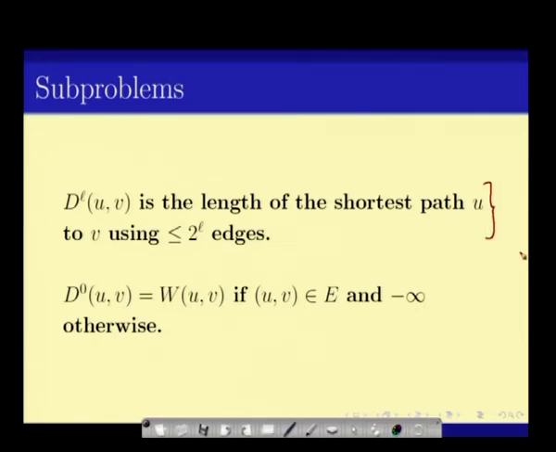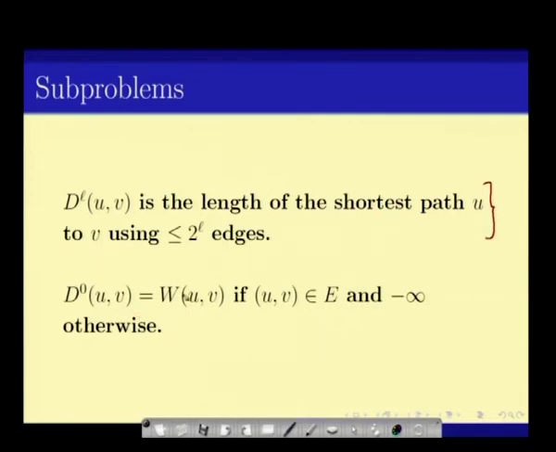Recall that in the earlier Bellman-Ford algorithm, we had defined something called d_l(v), which was the length of the shortest path from S to v using l edges. But now we have gone for 2 to the power l edges between any two pairs. Now, 2 to the power 0 is 1. So, d_0(u,v) means the shortest path from u to v using one edge. That is easy.